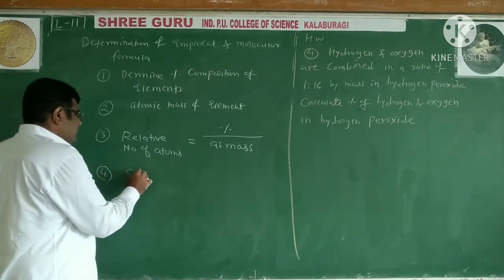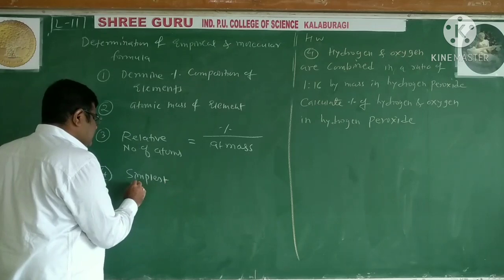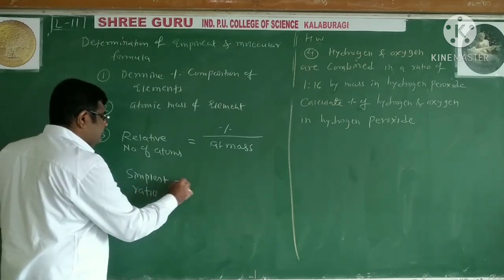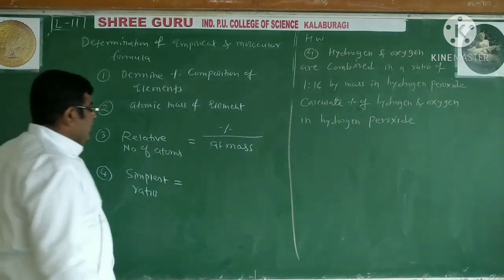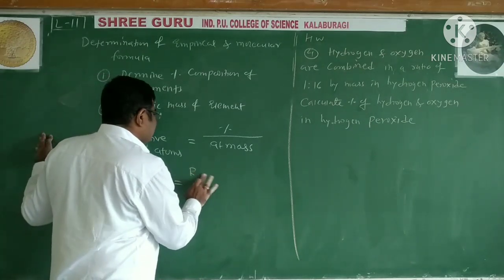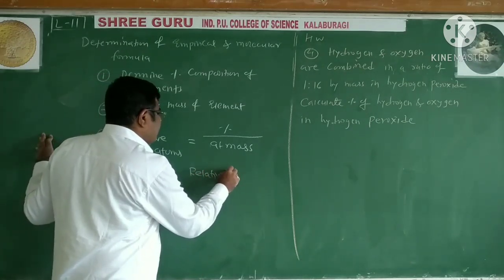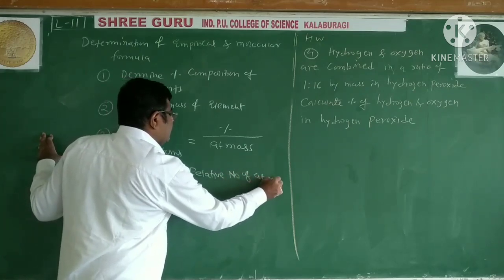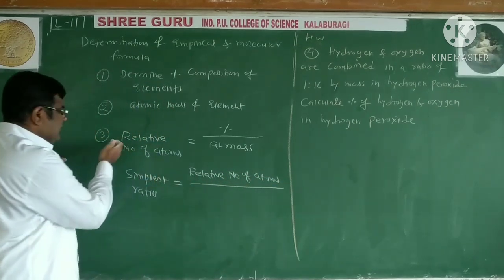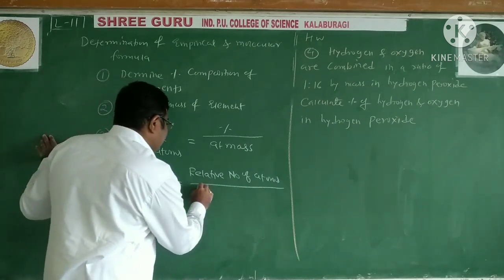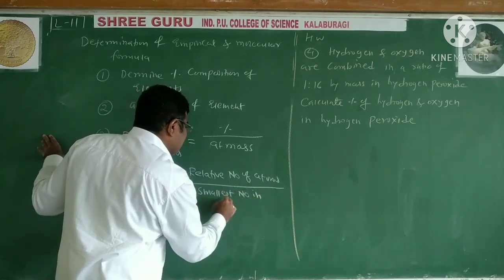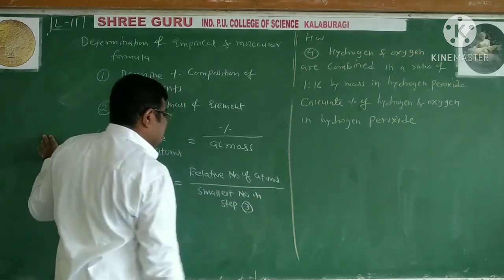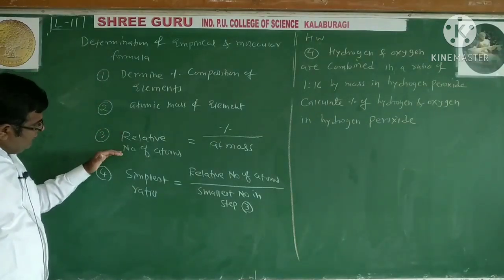Fourth is simplest ratio. How to calculate this simplest ratio? Relative number of atoms, which we have determined in step 3, divided by smallest number in step 3. For different elements we get different numbers.